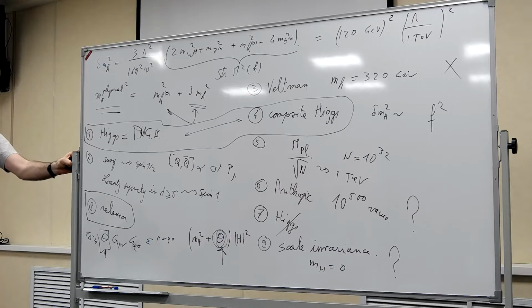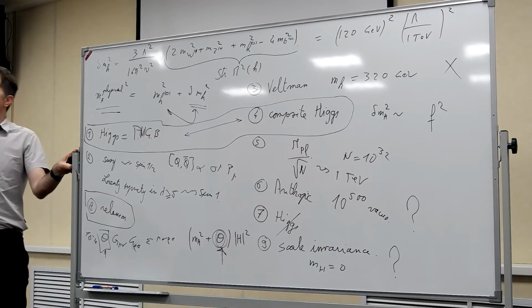So for that, I need to write the generators of SO5, and the generators that will survive the breaking to SO4. So SO5, in the fundamental representation, will be a 5 by 5 matrix, a 4 by 4 block and then there will be an extra column.